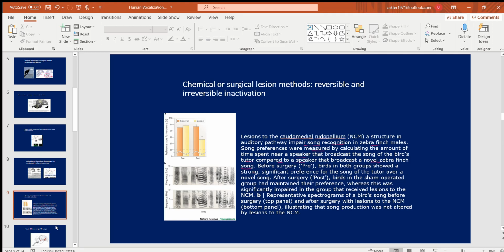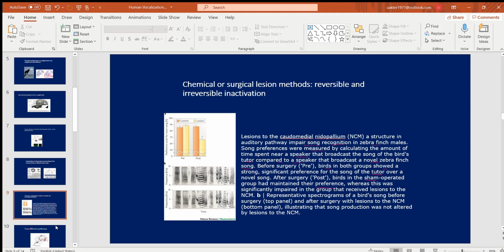Before the lesion, the birds in both groups showed a strong significant preference for the song of the tutor. That makes sense, right? And after the surgery, the group that received the lesion did not show any preference. However, the sham-lesioned operated group maintained their preference.